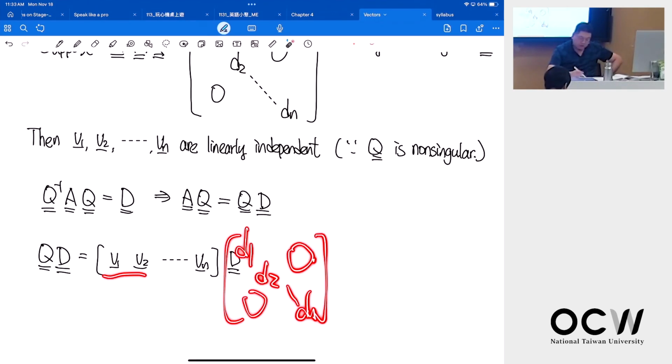So when multiplying by the diagonal matrix D, I only have V1 times D1, and the others will be 0 times V2 to 0 times Vn.